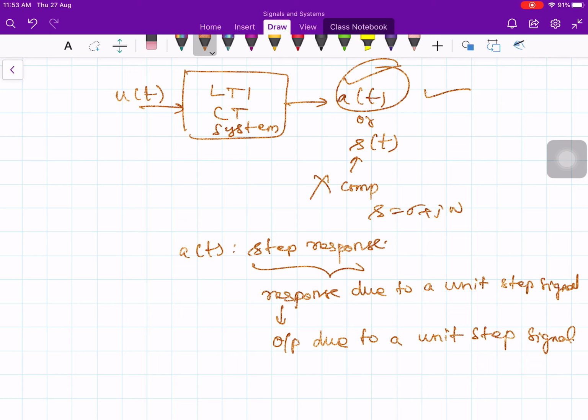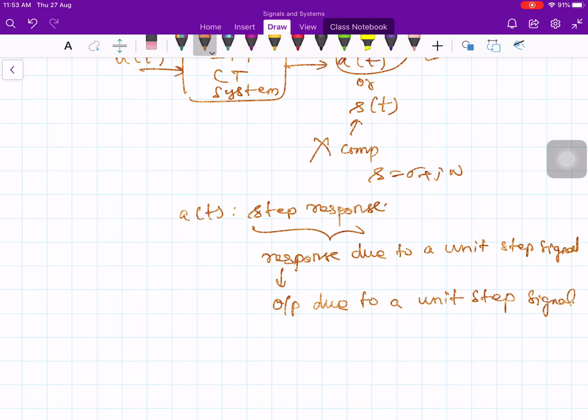And we will also study how to exploit the information that is available from h of j omega when we study Fourier series and Fourier transform. So later on in this course, this h of s we will talk about when we discuss the Laplace transform, and h of j omega when we discuss the continuous time Fourier transform. We will take it up at some later point in this course.